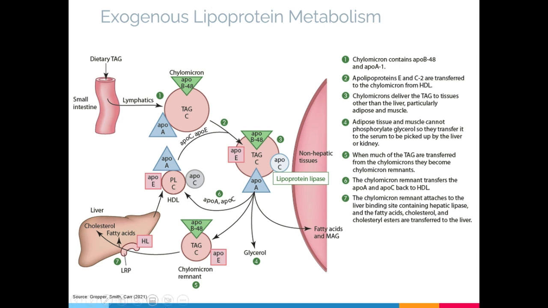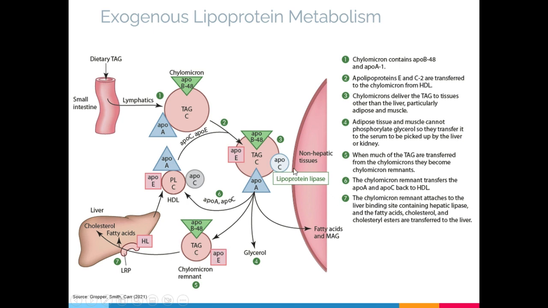Okay? And this is where the role of ApoE comes into play, because ApoE serves as the ligand for the chylomicron remnant receptors nga naa sa liver. So mao ning mahitabo sa step 7. Okay? So, ang step 5, ang chylomicron mahimong chylomicron remnants. Ang step 6, the chylomicron remnants transfer the ApoA and ApoC back to the HDL.